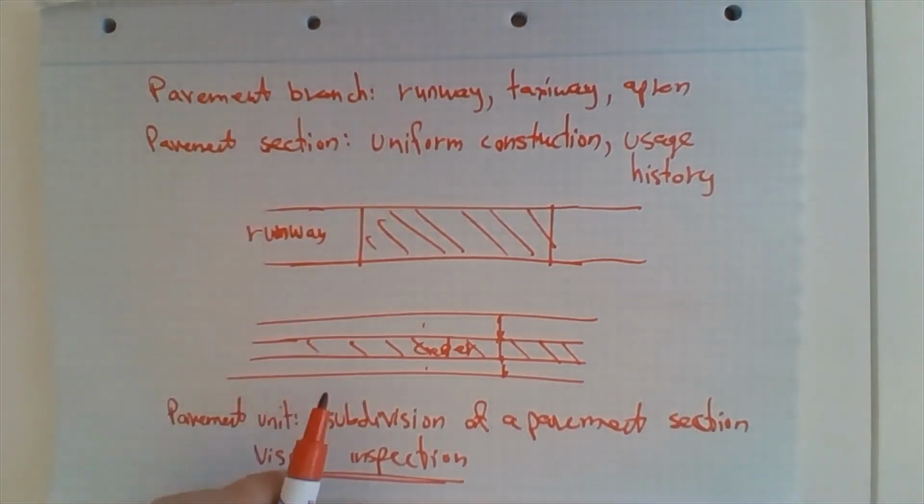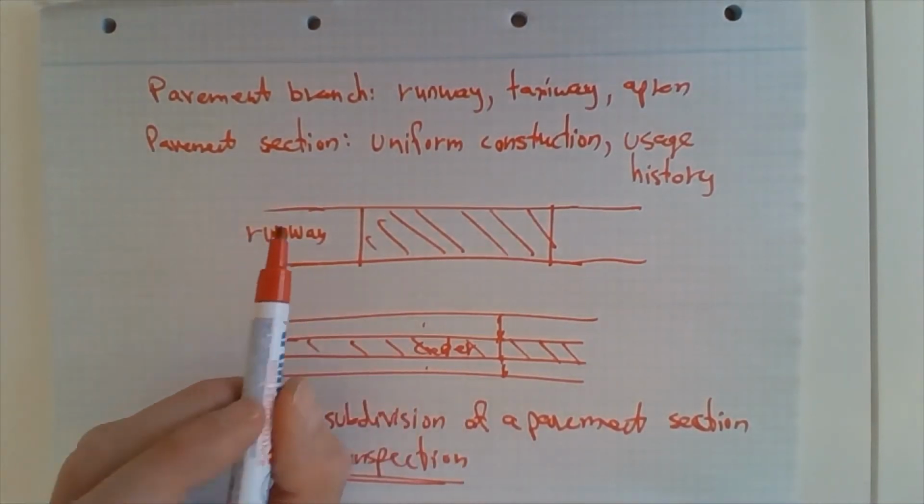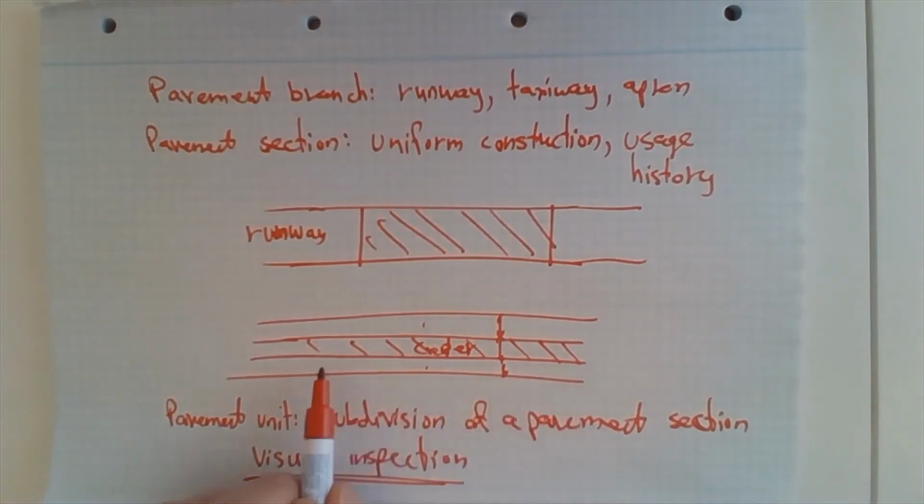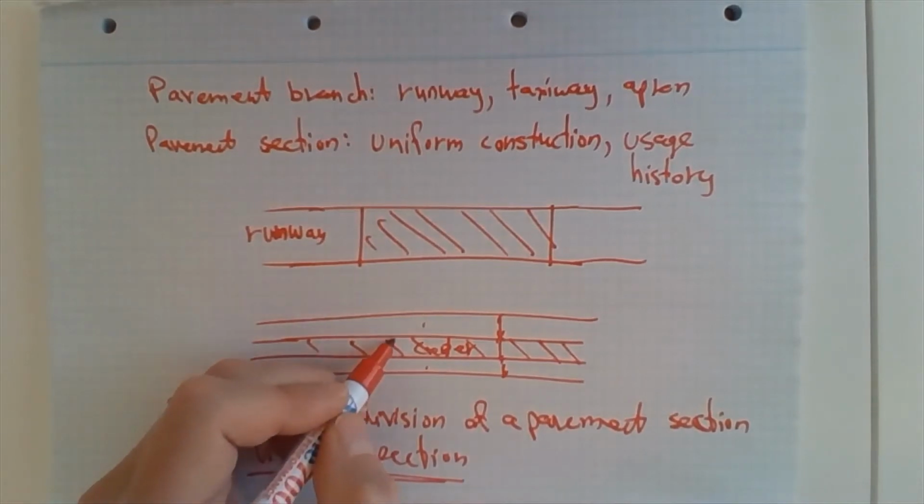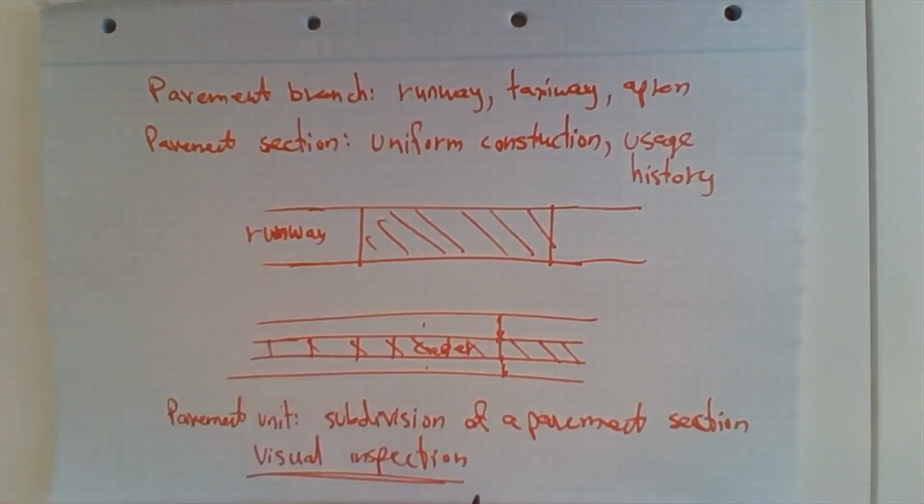And since, at least when the standards were published, it was not possible to fully evaluate visually the full area of a section, we were splitting the sections into smaller units and then evaluating some of the units. So the pavement unit, according to the PCI standard, is some subdivision of the pavement section defined here into smaller areas for visual inspection.